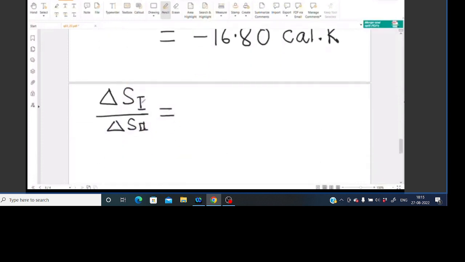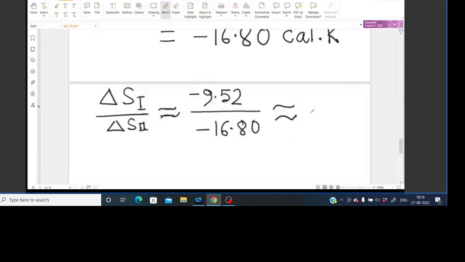Now we'll find the ratio of the change of entropies in process 1 and process 2. After some calculation, we get the ratio as 0.57. But we need to write down the answer after rounding off to 1 decimal place.